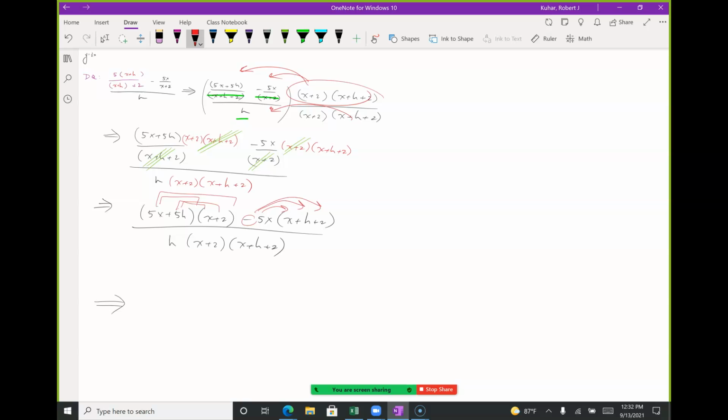So I'm taking my time on all of this. I get a 5x squared. I've got a 10x. I've got a 5hx. I've got a 10h. I've got the opposite of 5x squared plus 5hx plus 10x.